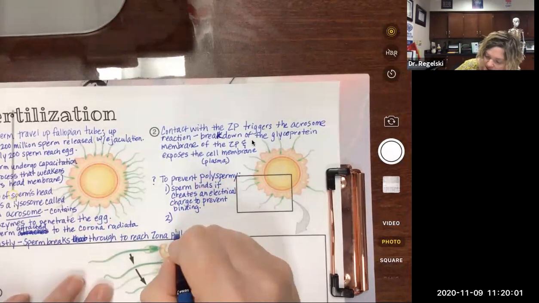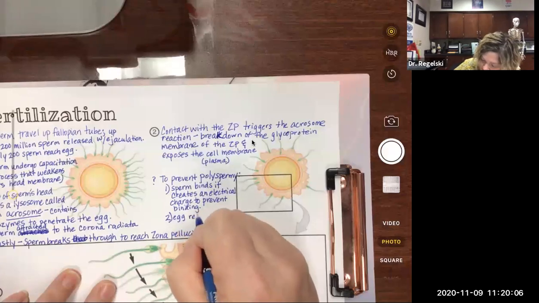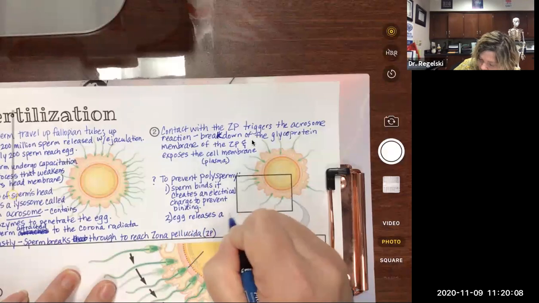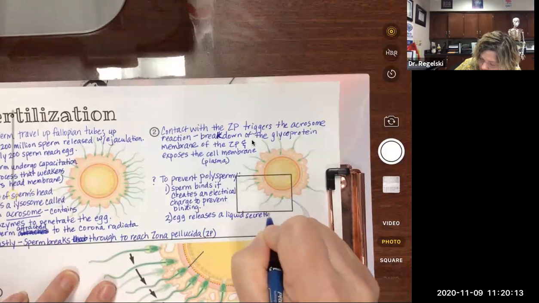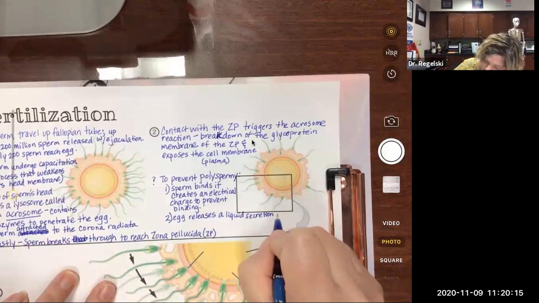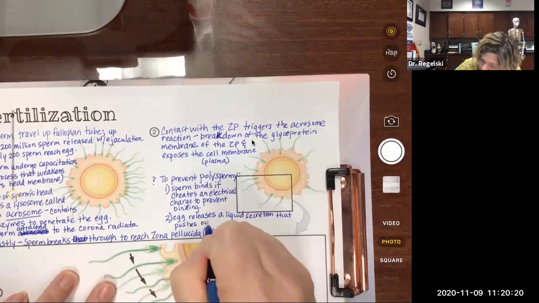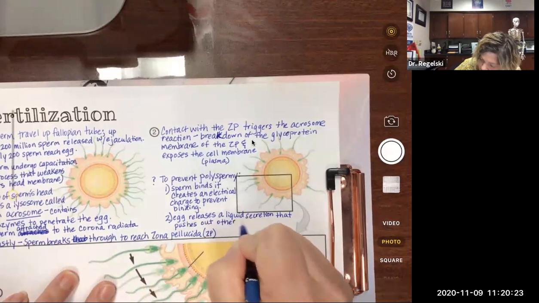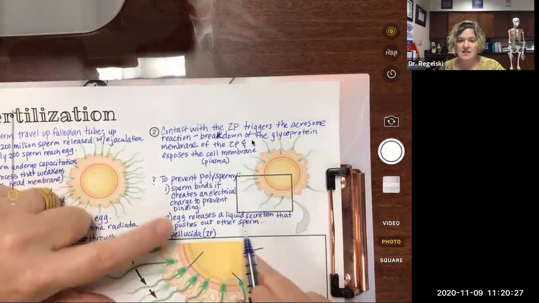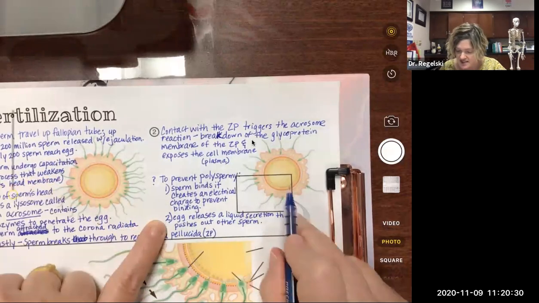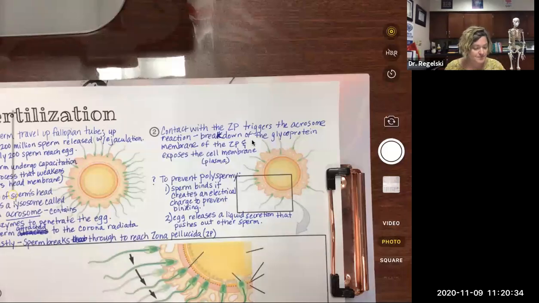The second thing is the egg releases a liquidy secretion that pushes out the other sperm. So we get that charge, no more sperm can bind, and any sperm that have bound but are not into that zona pellucida yet are pushed out.